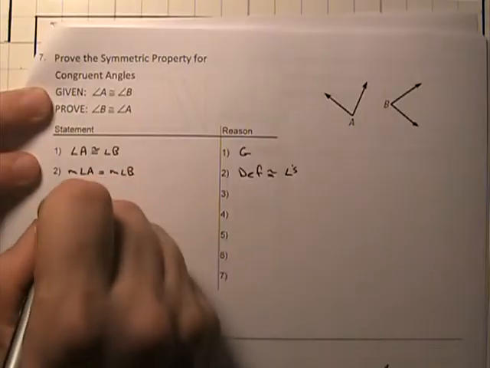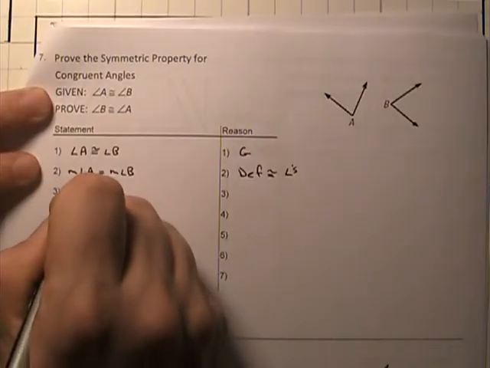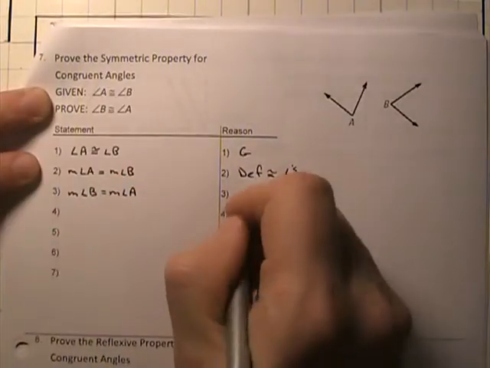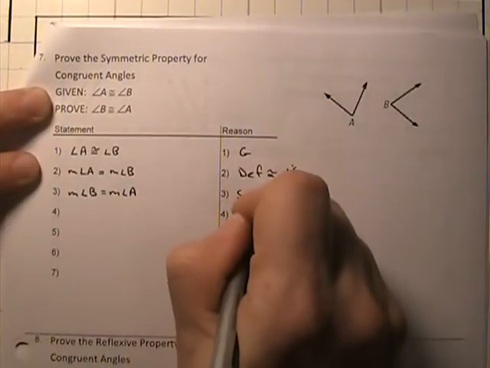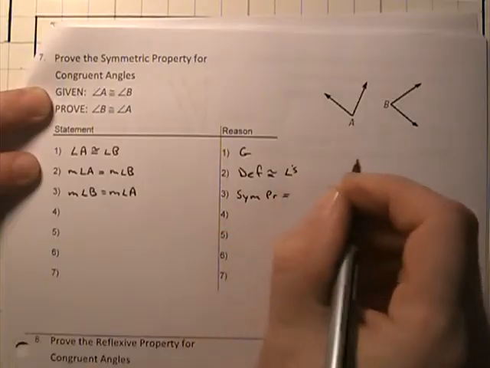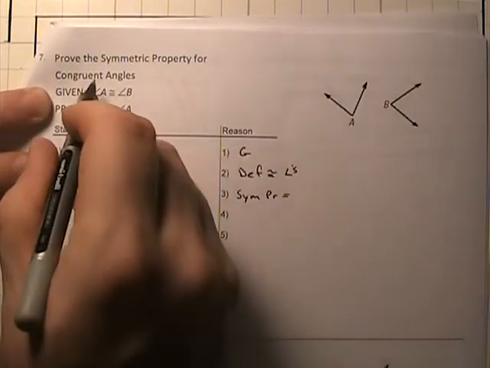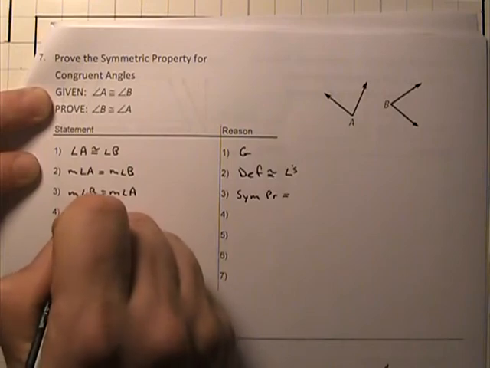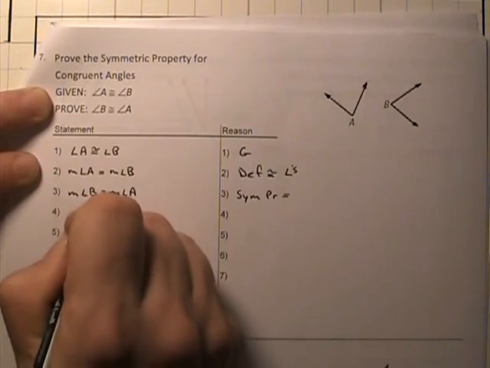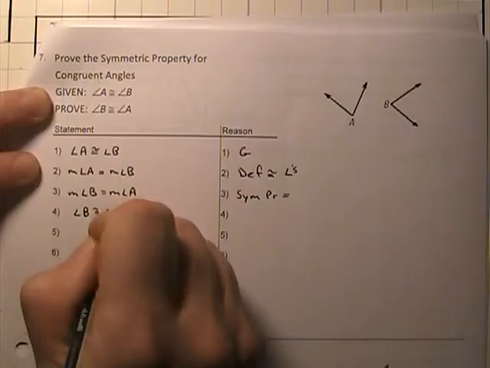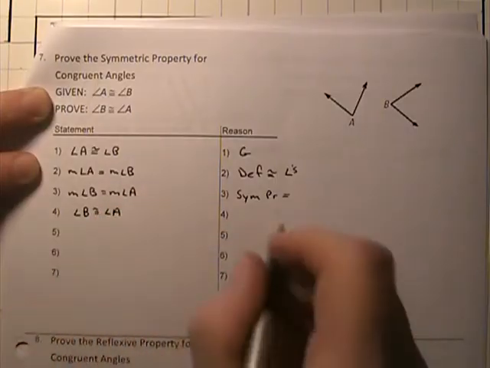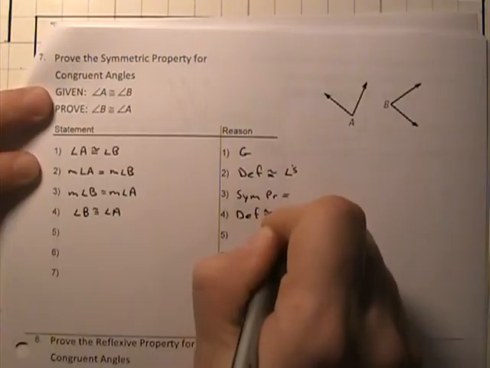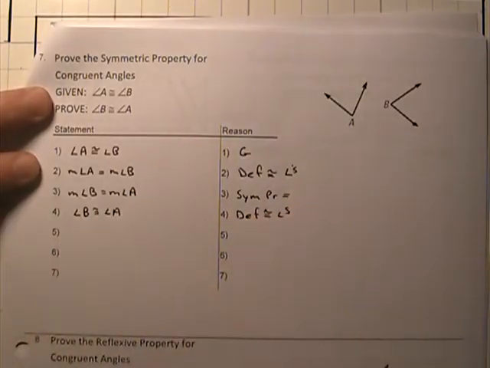And so if the measures are the same, we can turn them around because of the symmetric property of equality. So kind of tricky. We're using equality again to try and prove congruence. And if two measures are the same, we can say the angles are congruent, and that is the definition of congruent angles. So that's what we wanted to prove.